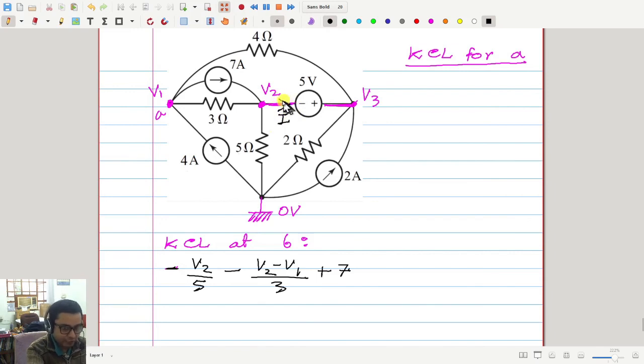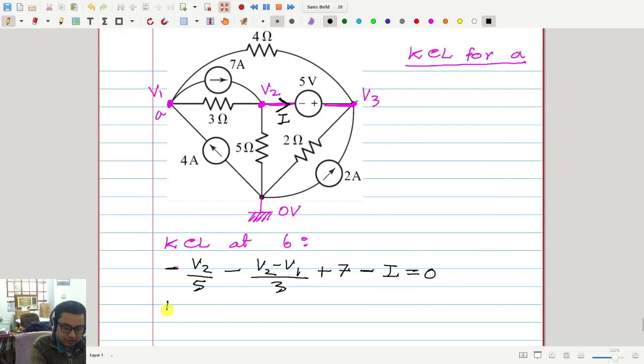Here I have to be very careful and assume it beforehand. So I am writing plus I going out, minus I going out, equal to 0, right? So that is the KCL for node B.